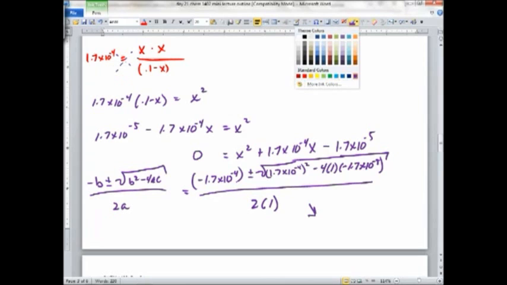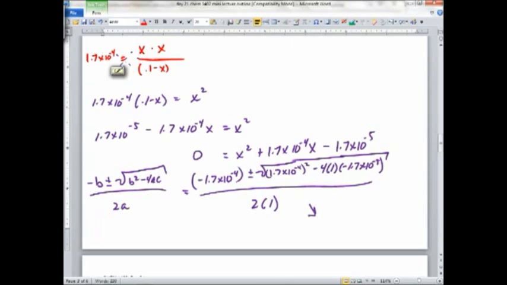I'll end up with about 8.25 times 10 to the negative 3.